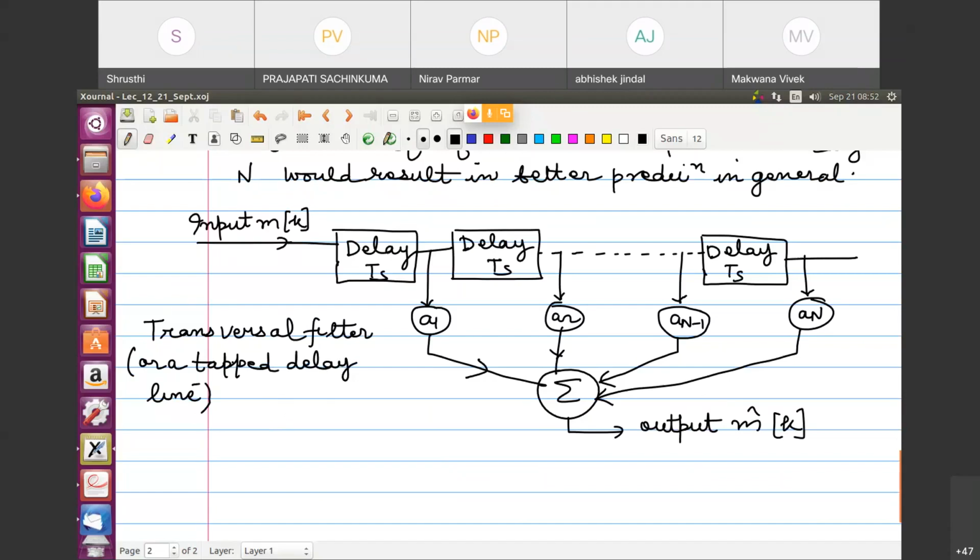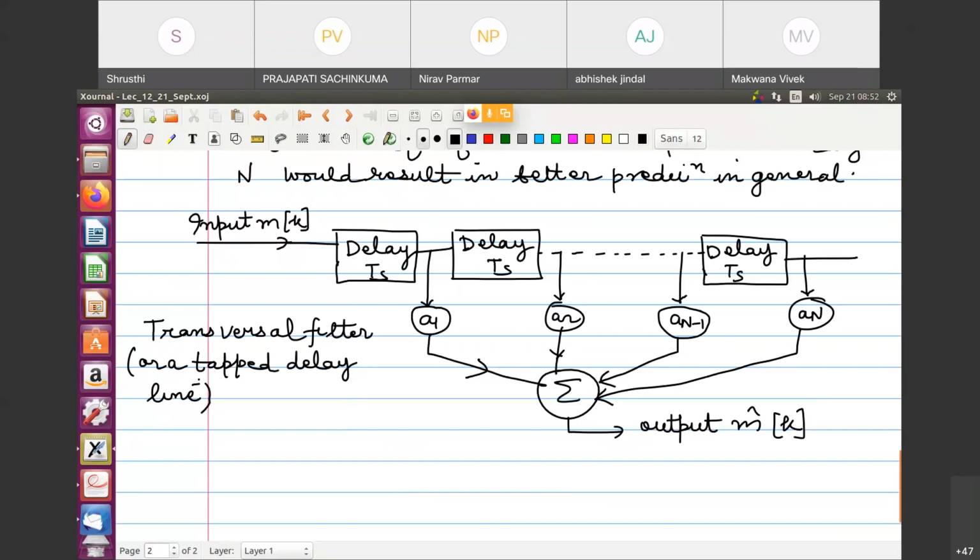Now, why is it called transversal? Because let us say you have n delay blocks and you are taking the values in between. From these two lines, between the blocks, you take one output. This line acts like a transverse line between the two. So you are taking samples in between, multiplying by a, and adding.